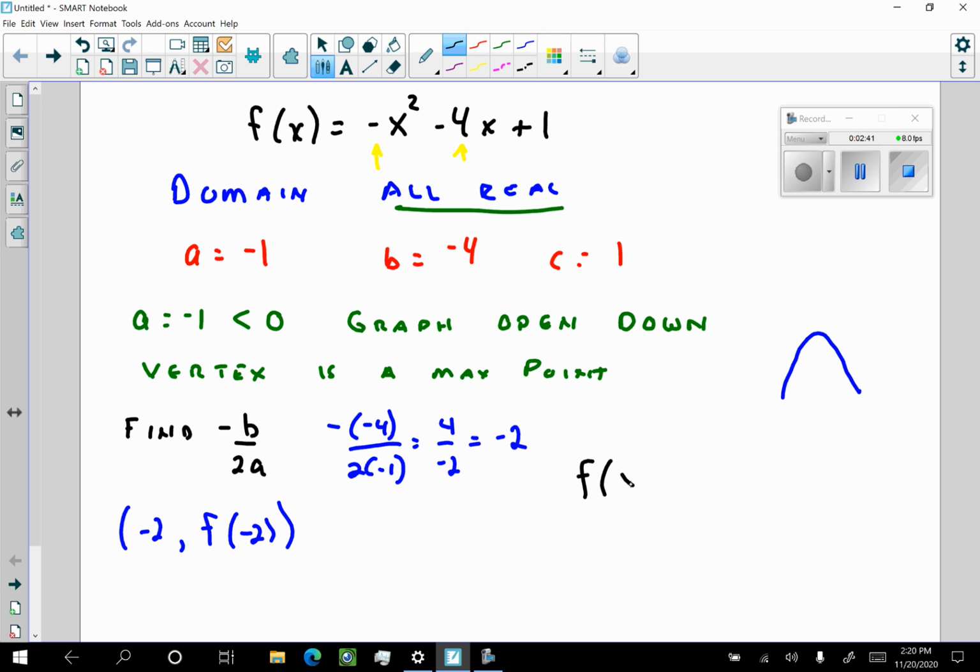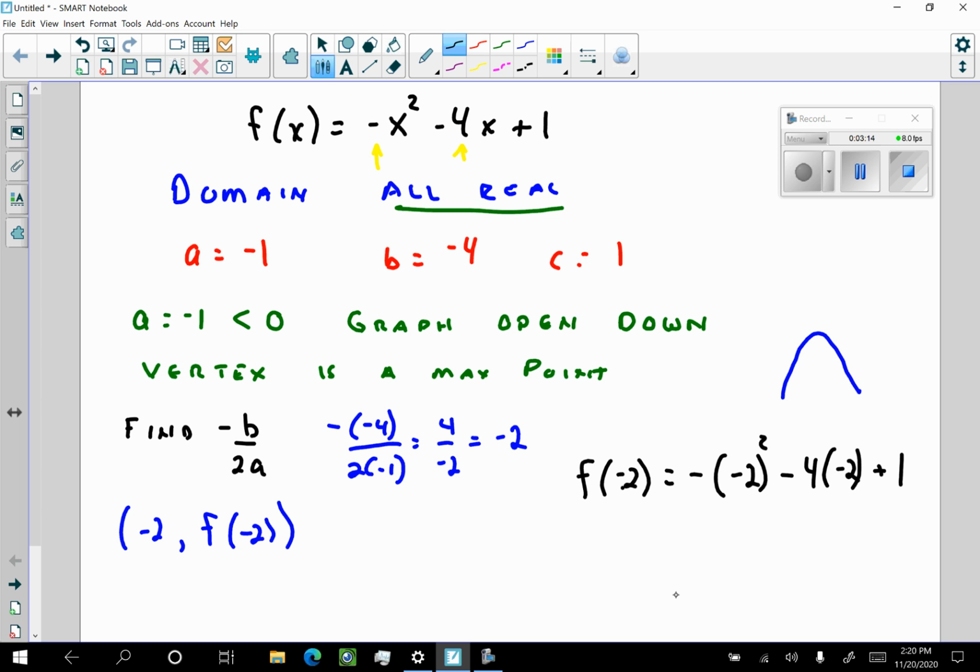So f of negative 2 is going to be, and this gets tricky because we've got so many negative signs going on here. You just have to be very careful. That's why on any example I've shown you, I always use parentheses.